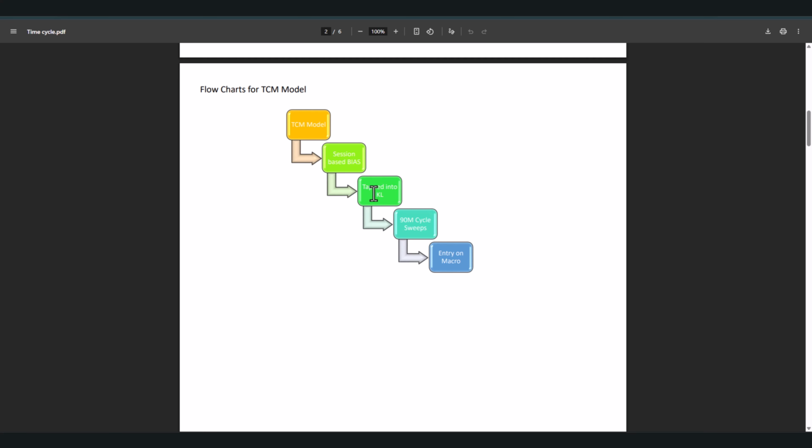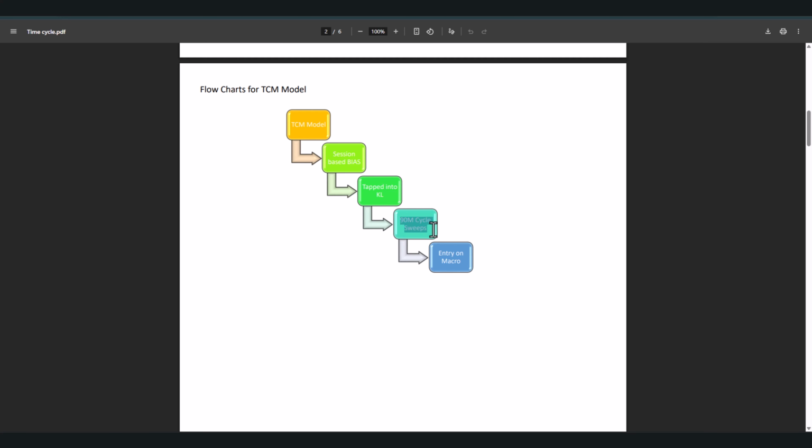Step 2, you have to wait to tap into a 1H key level. Then again, you have to wait for a 90-minute cycle sweep.